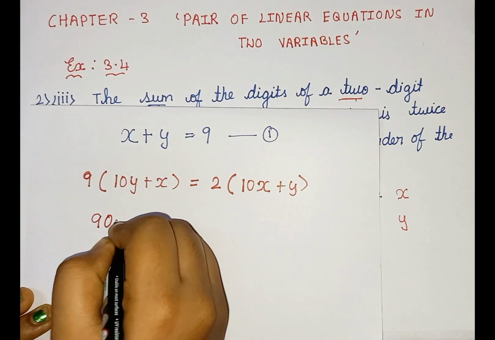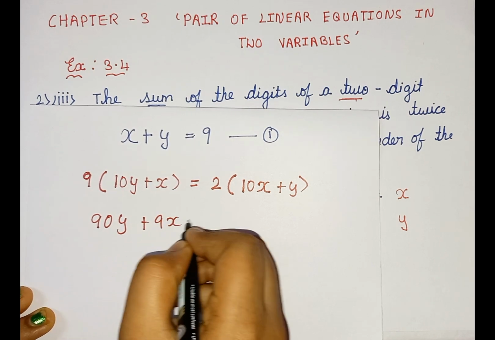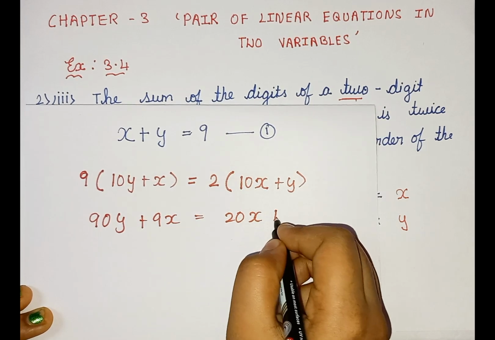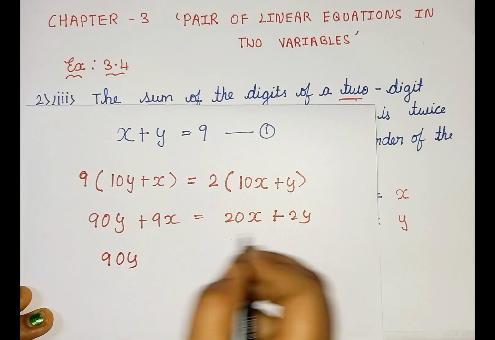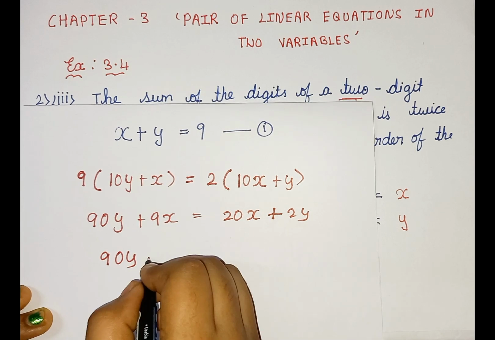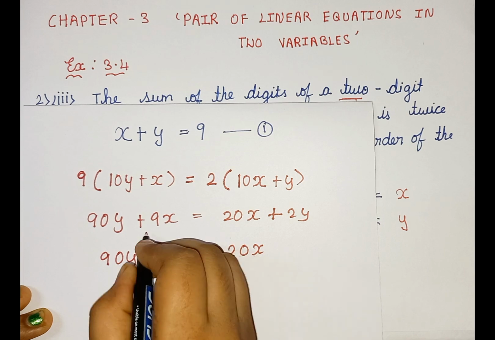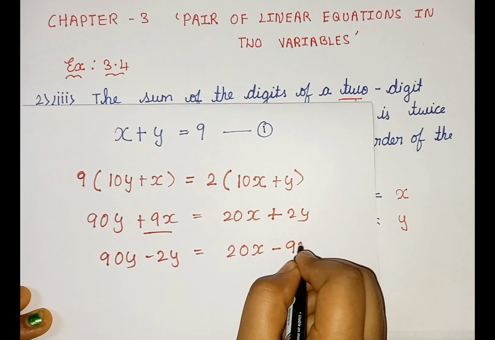So we'll get 9 into 10 is 90y plus 9x is equal to 20x plus 2y. When I get this plus 2y to this side, it changes into minus 2y. When I get this plus 9x to this side, it changes into minus 9x.